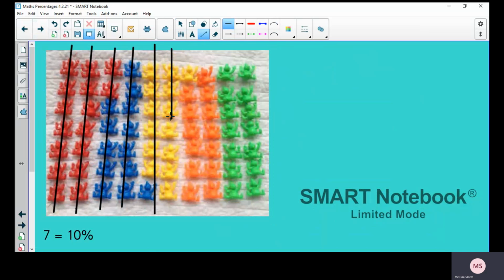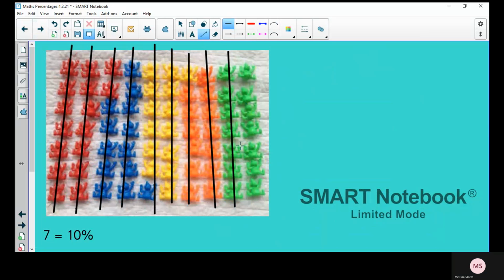The next one, 60%. 70%. 80%. 90%. Then 100%. So to find 10%, we divide the amount by 10.